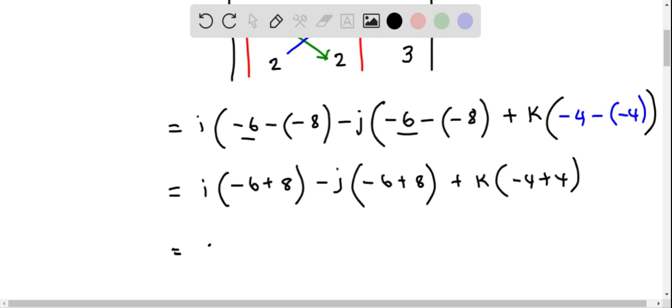So 2 times i, I write down this as 2i. And once again here also, this is -6 plus 8, which is 2. But here we have 2 times -j, which is -2j. And then +4 and -4, this becomes 0. So 0 times k vector is 0. So this gets cancelled. So basically this is the u cross v, that is the cross product of the two vectors, u vector and v vector.